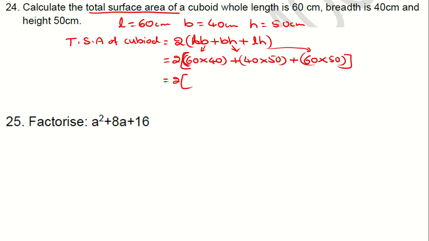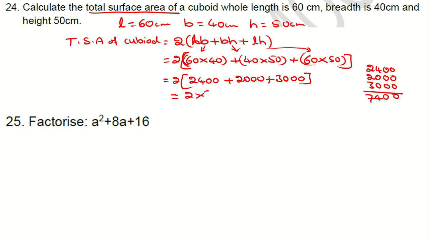60 into 40: first you multiply, 6 fours are 24, 2 zeros are there. Next 4 fives are 20, 2 zeros are there. Plus 6 fives are 30, 2 zeros are there. By adding all these you get 2400, 2000 and also 3000. So that means 7400.